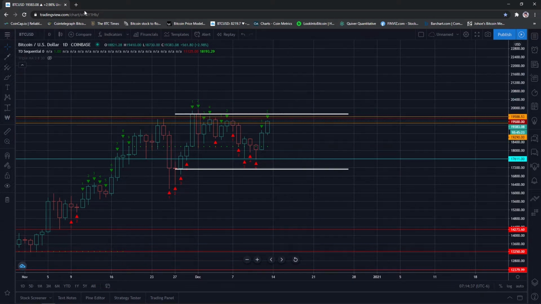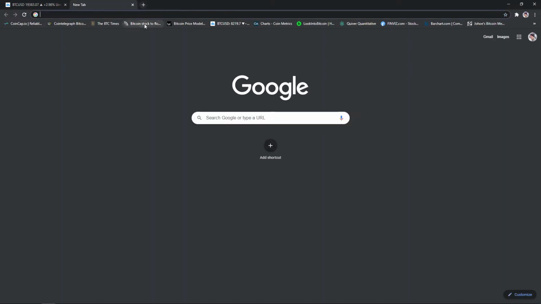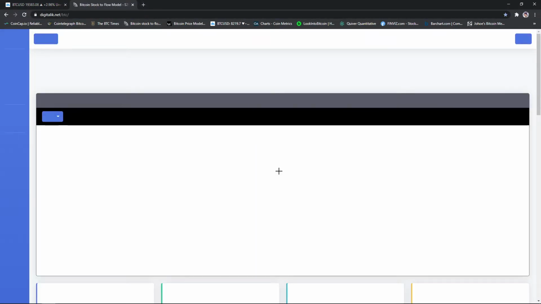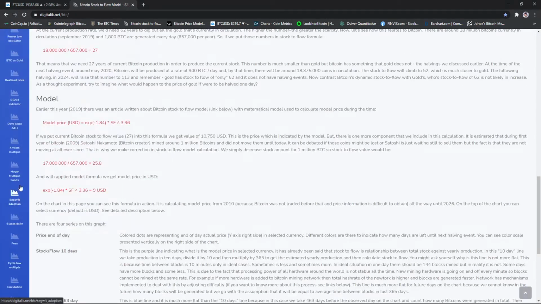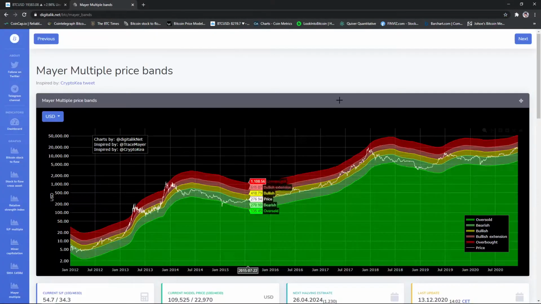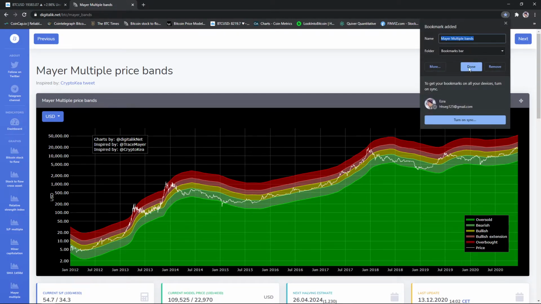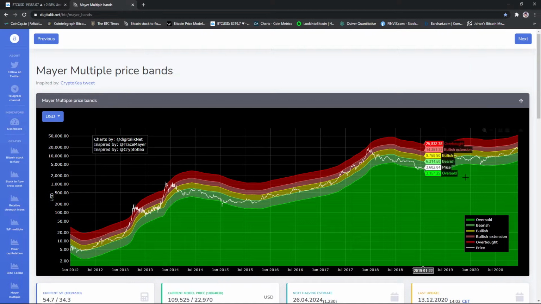That Mayer multiple band, we would break it. And let me go to it right here. Actually, I'm going to bookmark this because I keep on using it, and I'm probably going to refer back to it. Done.